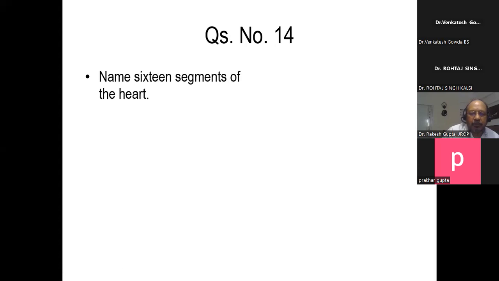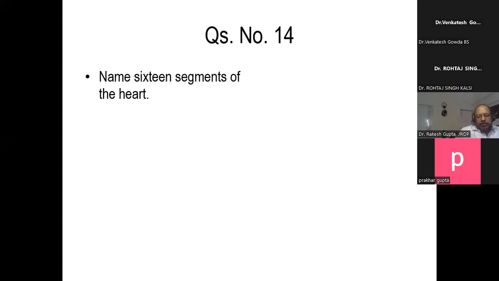Then at the papillary muscle level: anterior, inferior, septal, then lateral, anterior lateral, then inferior lateral. Then coming on to the mitral valve level, you get the anterior, inferior, anterior septal.